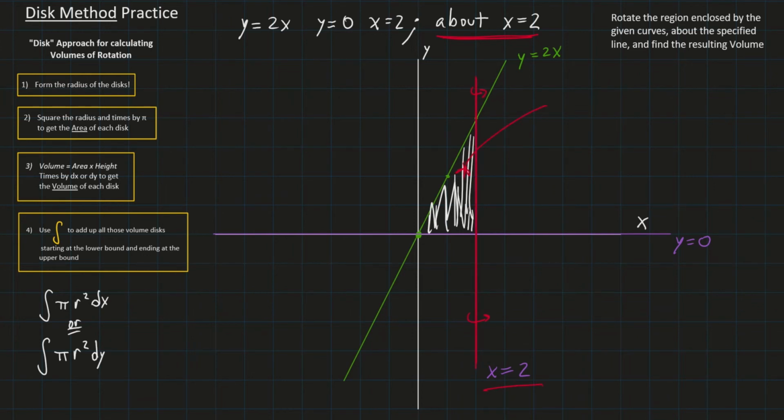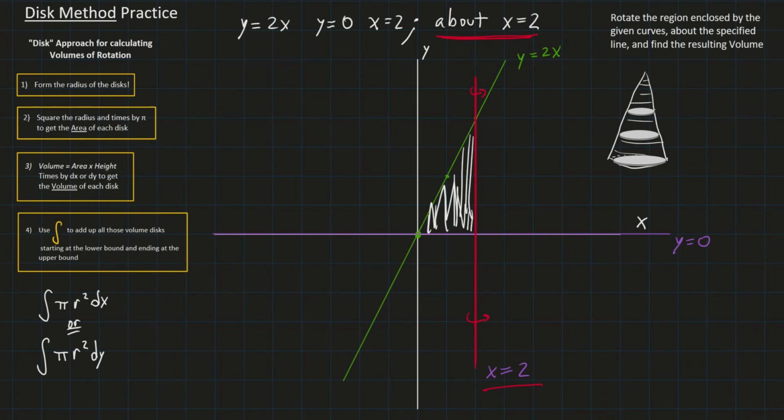Visualizing what 3D shape this area will make isn't too bad. Just going to be an upside down cone. Something like that. And this is disk method, so we want to see if we can visualize this shape as a bunch of those disks. And we can do that.